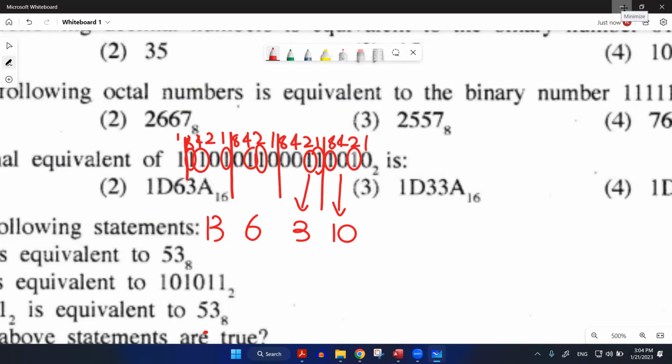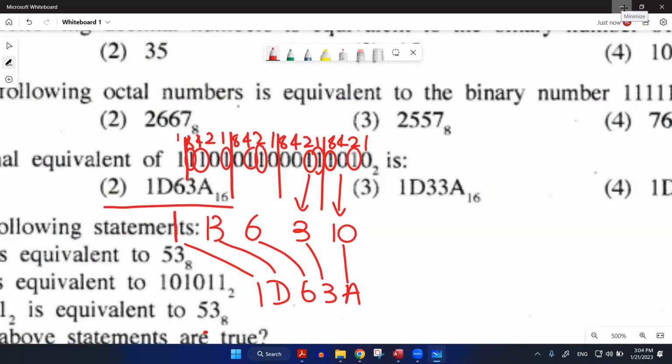And here we have only 1, so that gives us 1. So the final answer: the 1 is 1, the 13 is D, the 6 is 6, the 3 is 3, and the 10 is A. So 1D63A, which means the second option.